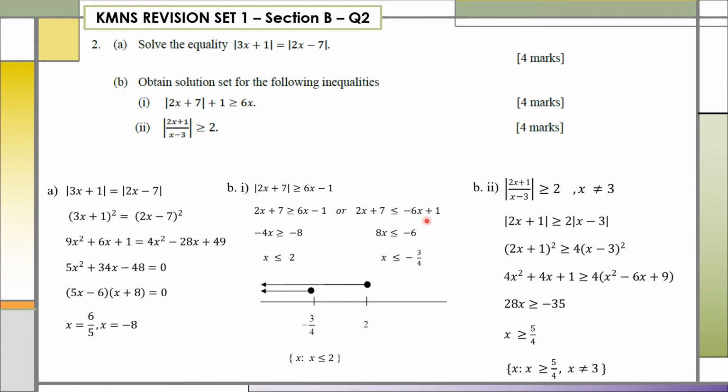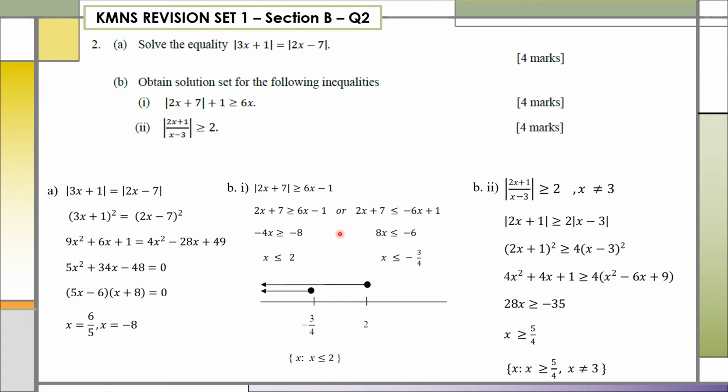So you have to define this correctly, otherwise all your solutions are wrong. Define this carefully: since this is greater, we put 'or' here. Remember, greater, 'or'. If less, we put 'and', less than.